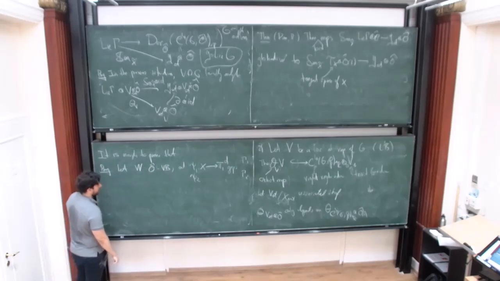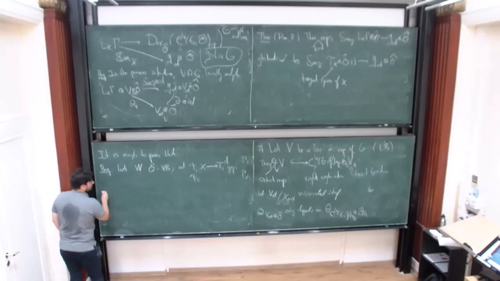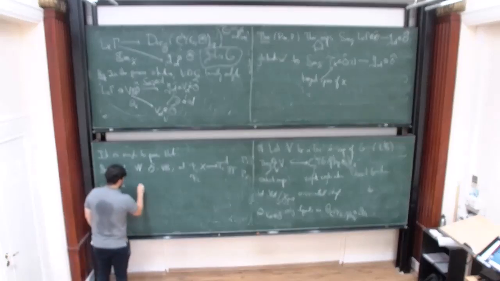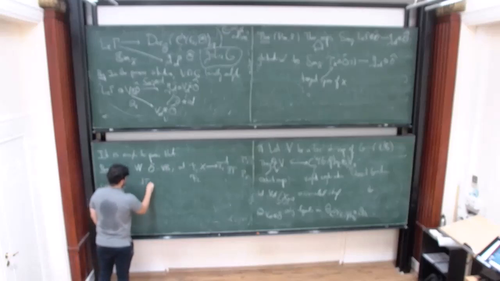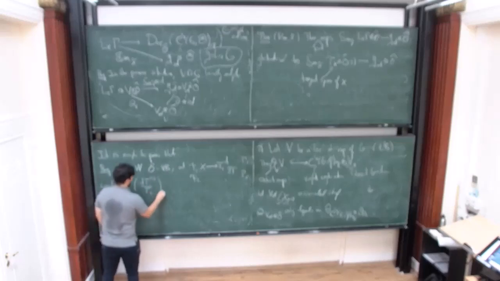Then we have an isomorphism from coordinates E, E_i, 1, E_i, or 1 means.